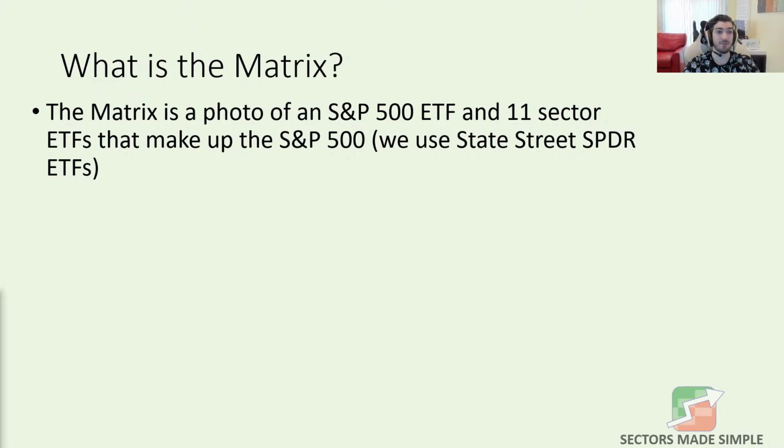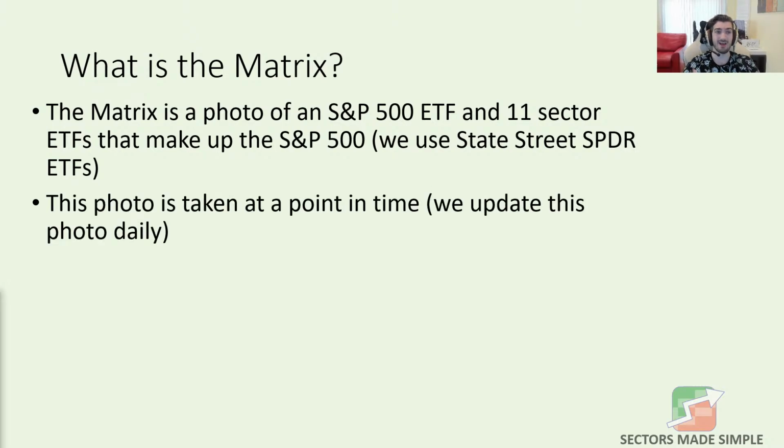So this photo that we take, this picture of the market in every single day, is just that. It's a picture. Just like you can take a picture of me right now. I've got fairly long hair, short beard, and go look at a picture 2 years ago when we first started Sectors Made Simple. By the way, almost 2 years we've been around, so you can go back 2 years ago. I was in a different background, my hair was significantly longer, and a lot's changed.